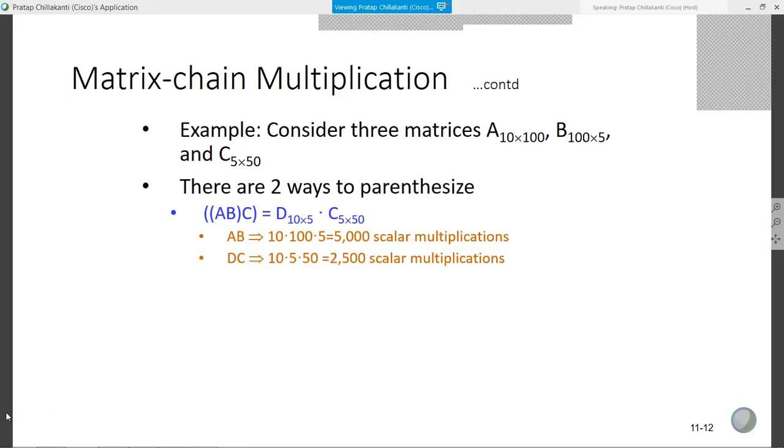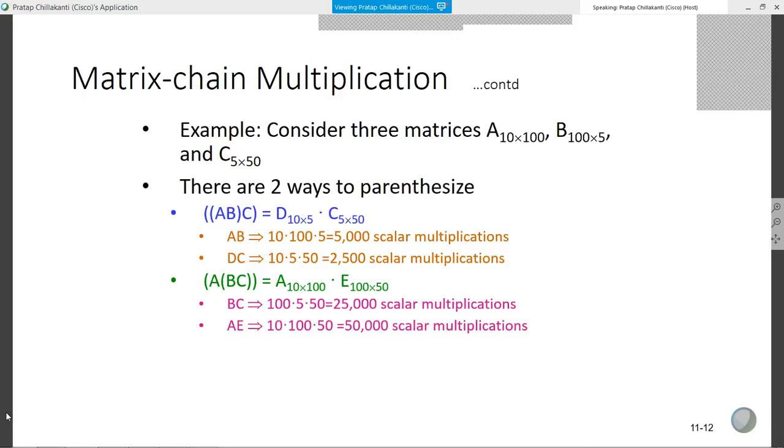And then do DC, so you get a total of... and if you do the other way around, when you do BC, you can see 25,000 multiplications. And with the result, when you then do AE, you get 50,000. So you can see that in one case it is 7,500 multiplications, and the other one is 75,000 multiplications. Very costly, right?